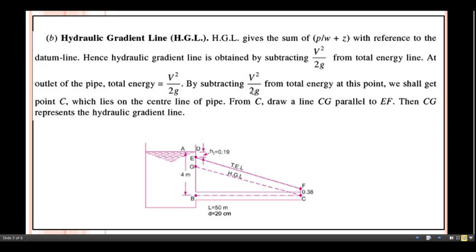By subtracting V square divided by twice g from the total energy at this point, we shall get the point C. So here we can get that point C, which lies on the center of pipe. From C, draw a line CG parallel to this one EF. Then CG represents the hydraulic gradient line.